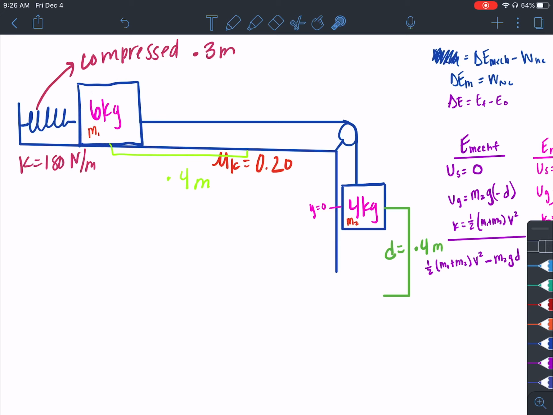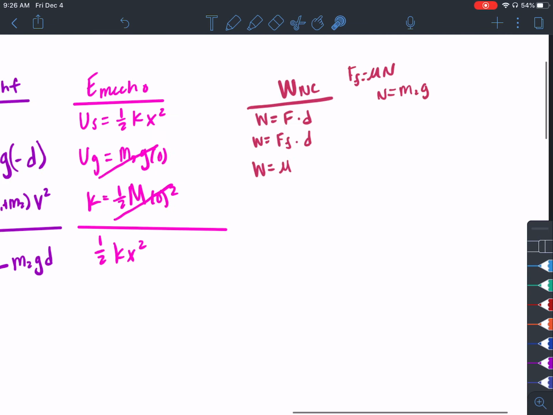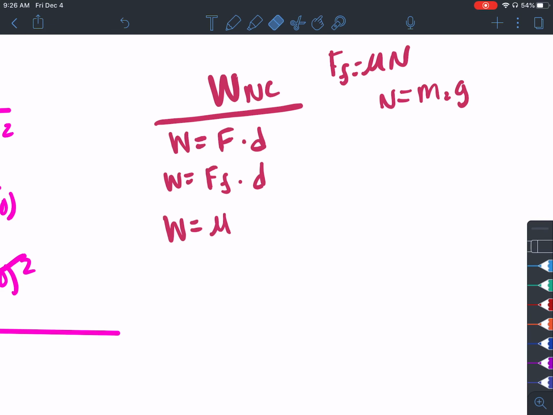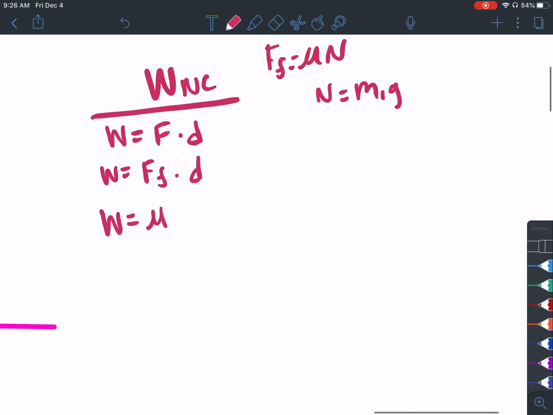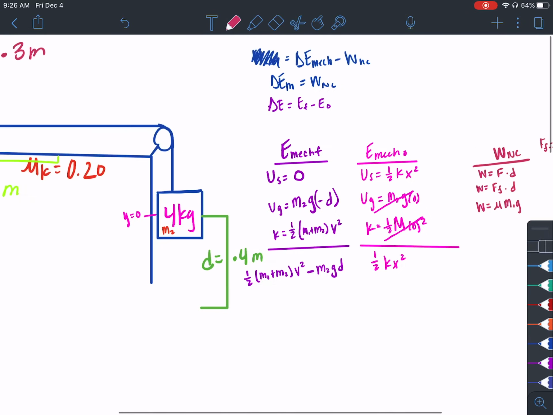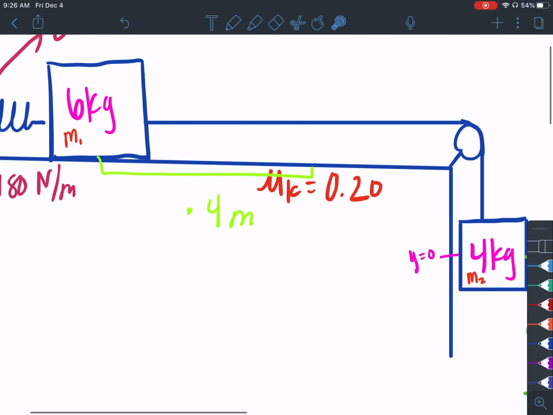And we know that if we were to draw a free body diagram for him, his normal force would be equal to his force of gravity because there is no angle here. They are perfectly opposite of each other. So we can say that our force of friction is going to be mu m1g.